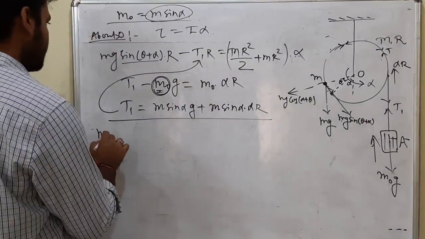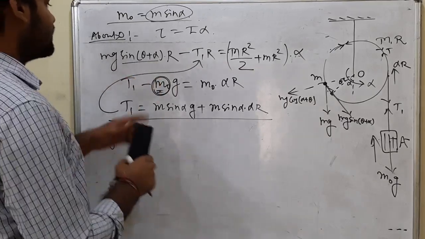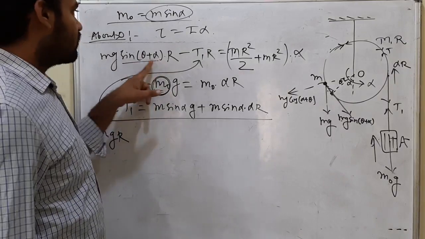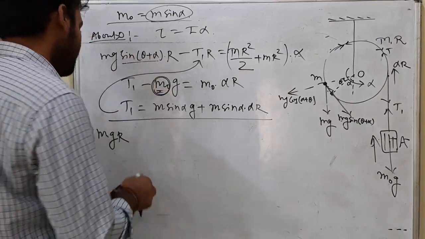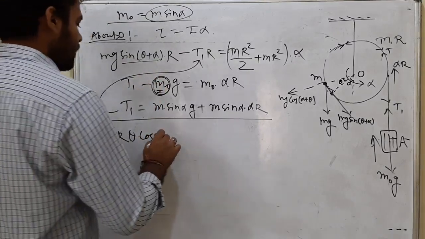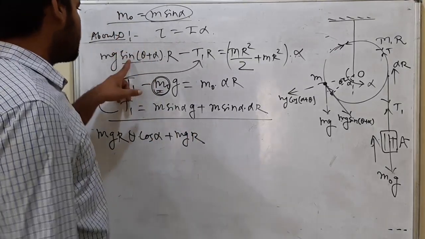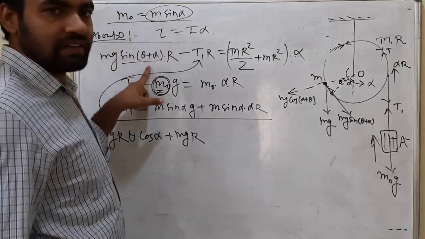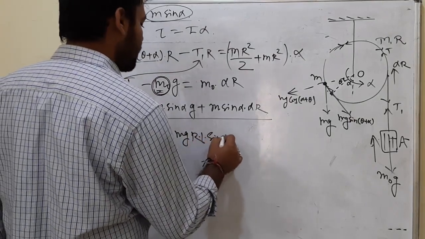So it becomes mgr, then expand it: sin theta cos alpha plus cos theta sin alpha. For the first term, sin theta cos alpha, because theta is very small, sin theta is approximately theta, so it is theta cos alpha. For the second term, cos theta sin alpha, as theta is very small, cos theta is approximately 1, so it is 1 multiplied by sin alpha.